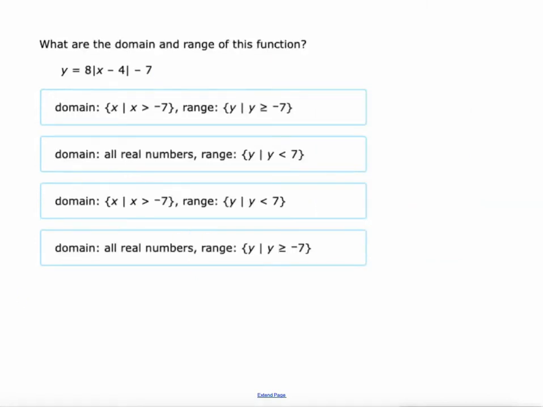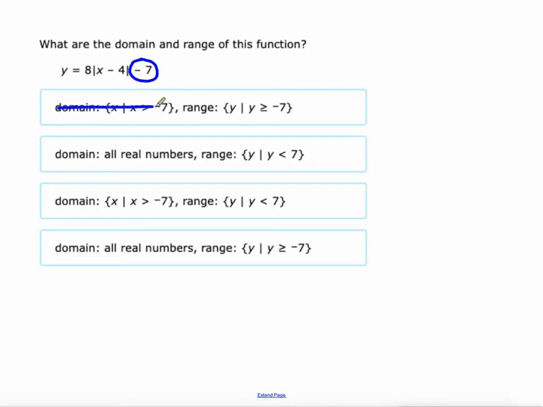All right, seems like there's a lot going on with this one, okay? But again, the only value that really matters in this case is this one, because we can get 0 for all this stuff. 0 in the absolute value quantity, multiply it by 8, we get 0. And then when we subtract 7 from it, it's going to be negative 7. But every value we get from there is going to be greater than or equal to that.